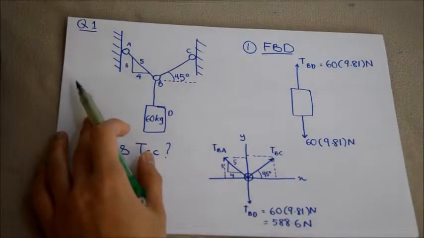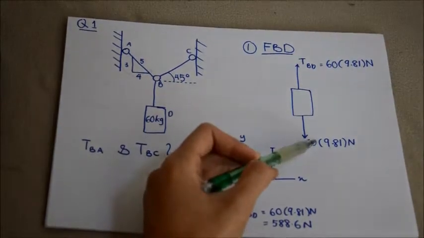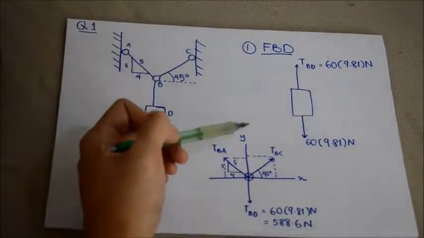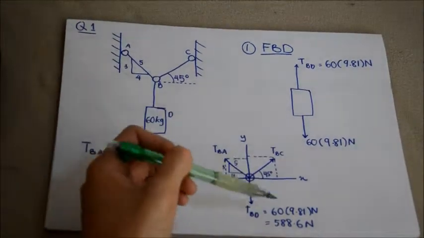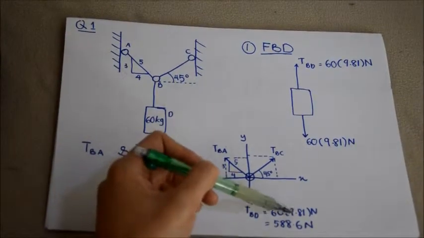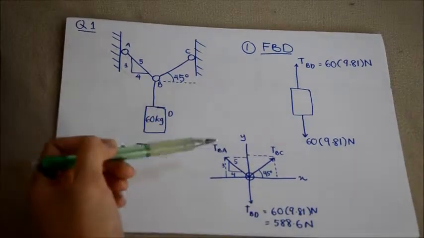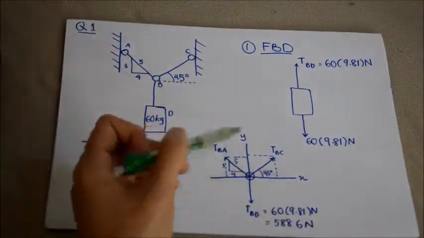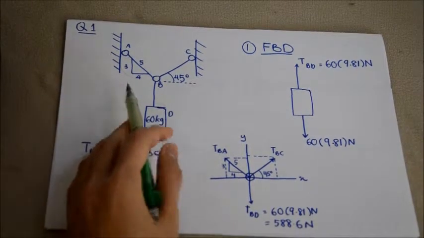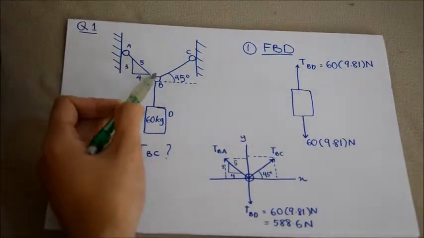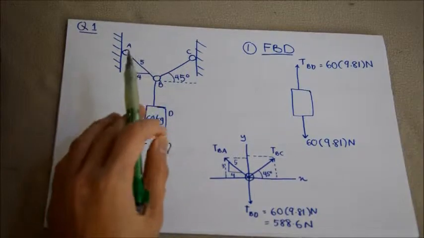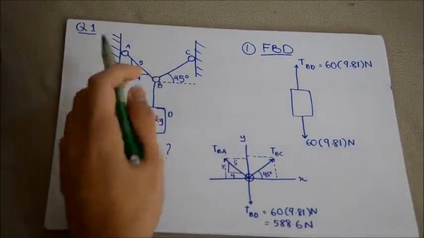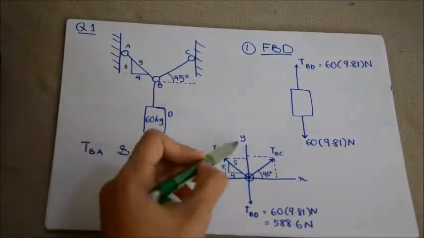Due to the equilibrium, the weight of the cylinder causes the tension in cable BD to be TBD equals 60 times 9.81, which gives the value of 588.6 Newton. The forces in cables BA and BC can be determined by investigating the equilibrium of ring B. Let us look at the second free body diagram.